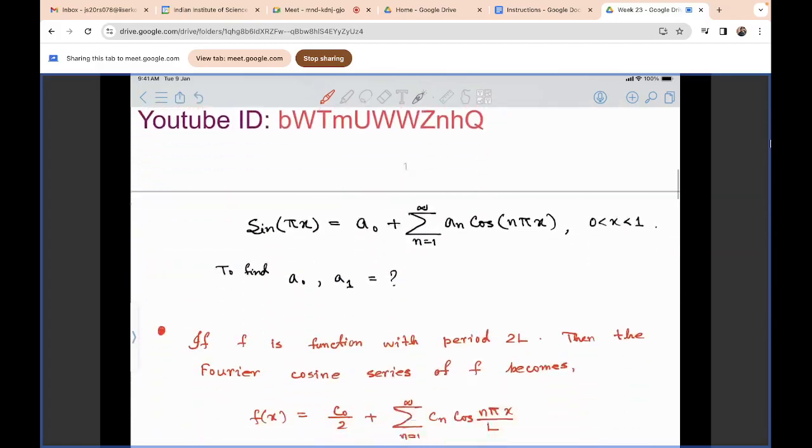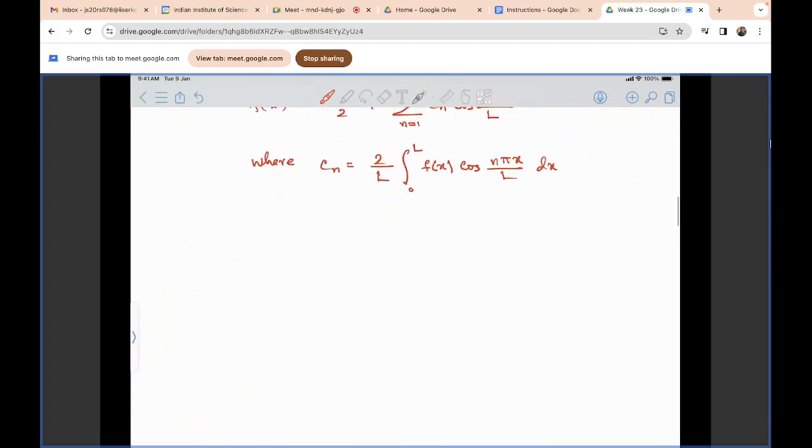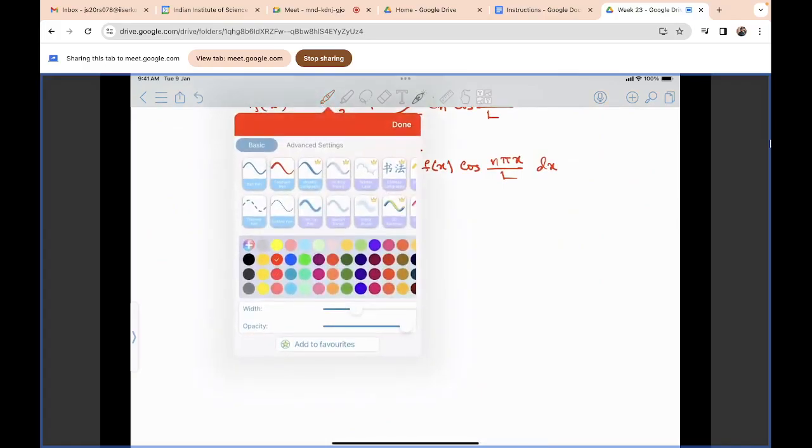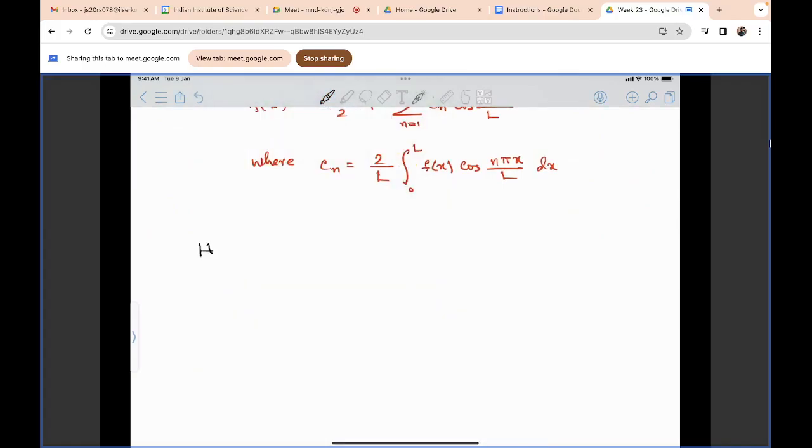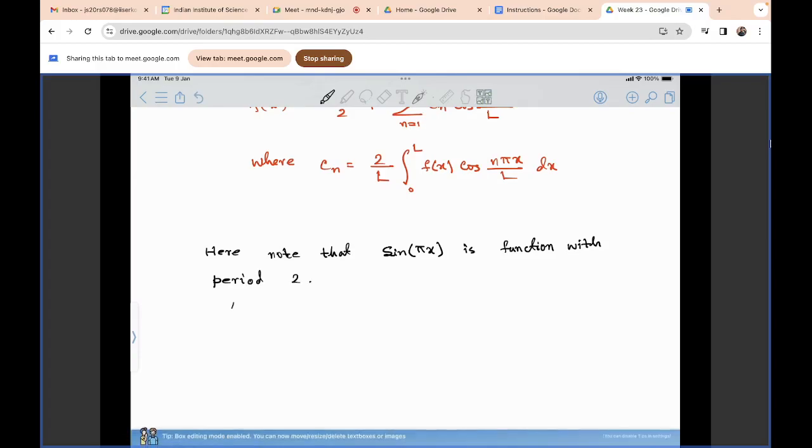So here, sin pi x. What is the period of sin pi x? Note that sin pi x is a function with period 2. Why?